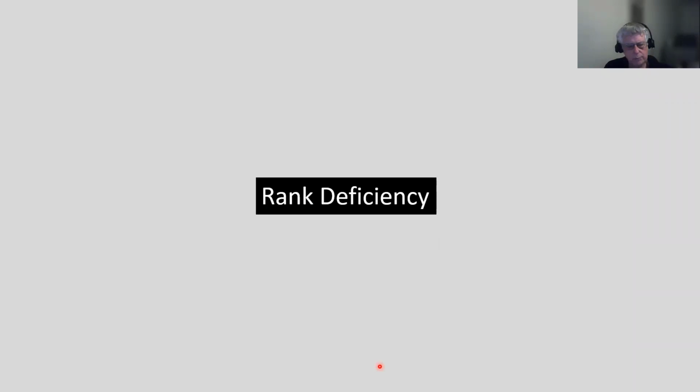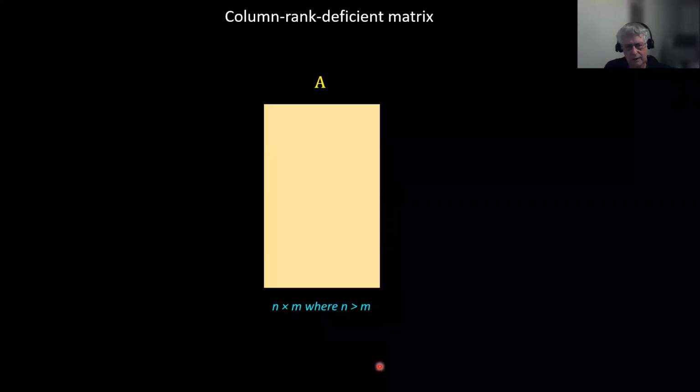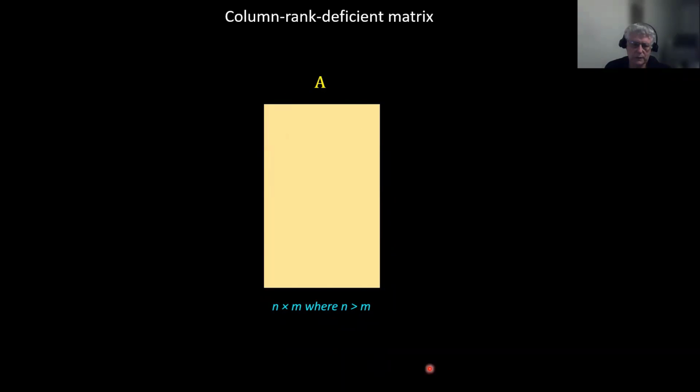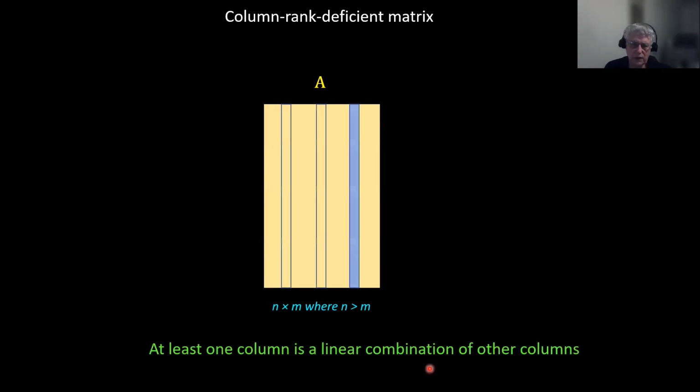I'm going to mention briefly the concept of rank deficiency of a matrix. Suppose we've got a matrix A here, which has more rows than it does columns. Suppose also that there's this one column here which can be formulated as a linear combination of these other columns.